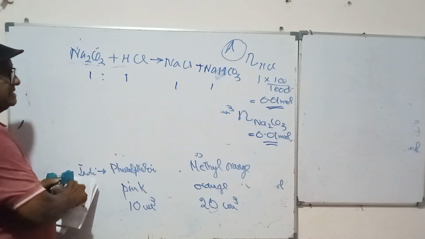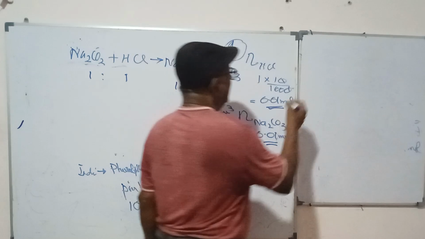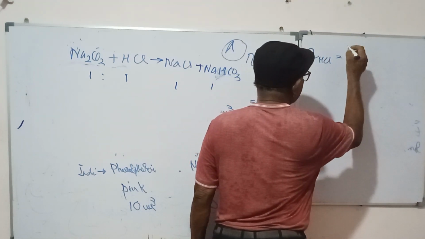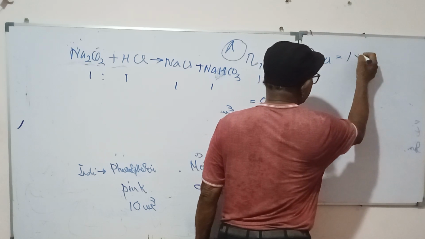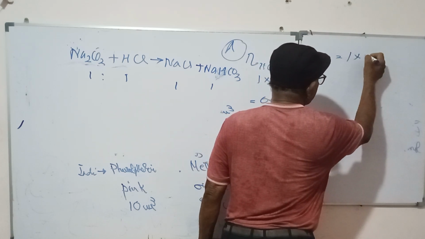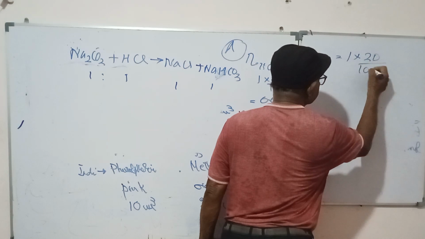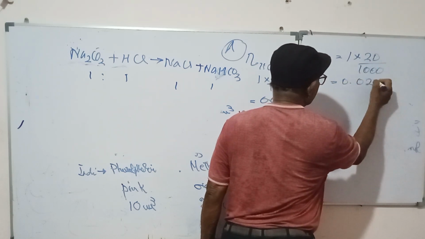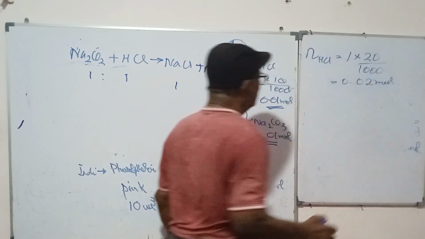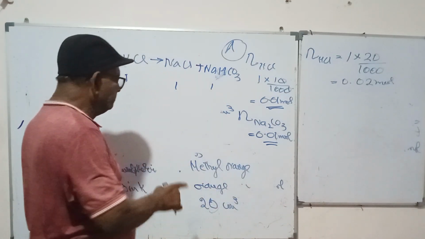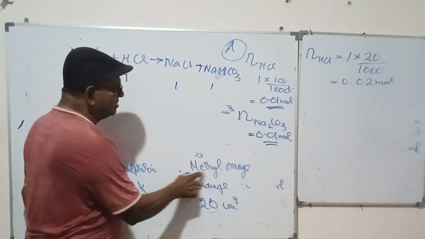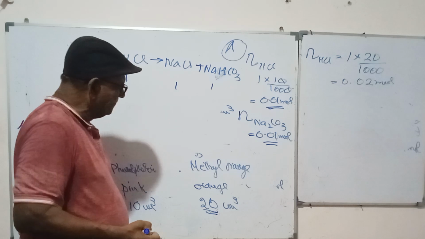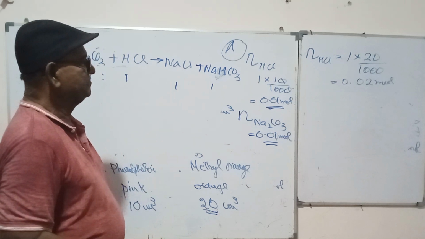But the other reaction: 1 into 20 divided by 1000, 0.02, because in titration B in the presence of methyl orange, the required volume of HCl is 20.